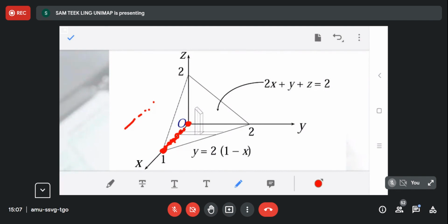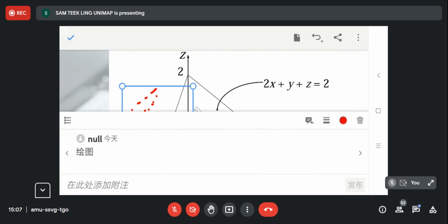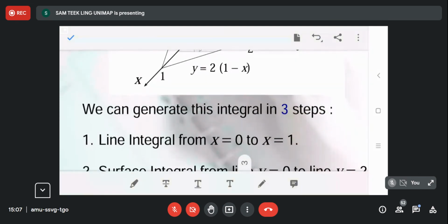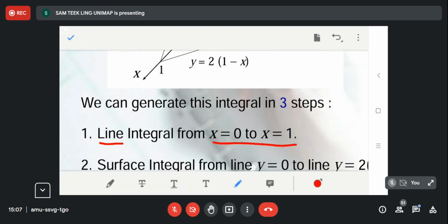So you integrate the line from 0 to 1. This is the first one, the easy one. You can see the line integral for x to 1, you connect dot, dot, dot, dot.